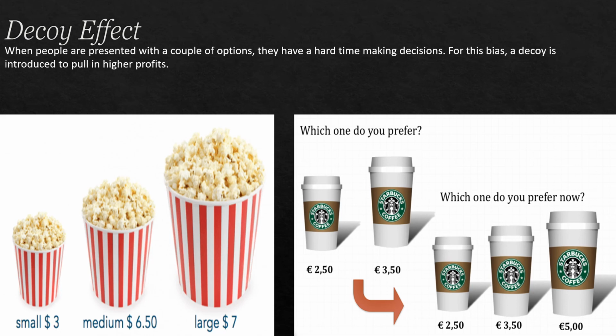But just because they have three sizes, small, medium, and large, it offers a perception that the large is the best value for what you pay. Whereas it is the best value for what you pay, but it's also the best value for the company because they end up making a lot more money as compared to when you purchase a small or a medium.